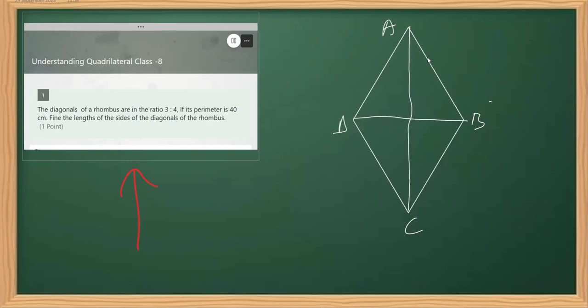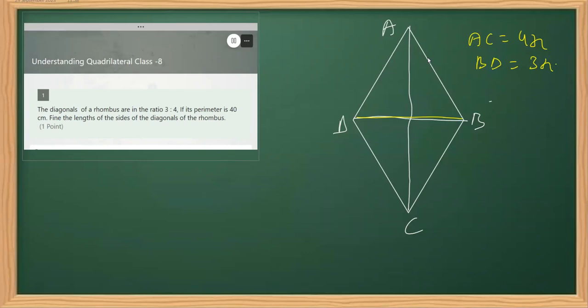That means we can say the longer diagonal, as you can see here, AC, is 4x, and the other, BD, the shorter one in this case, is 3x.